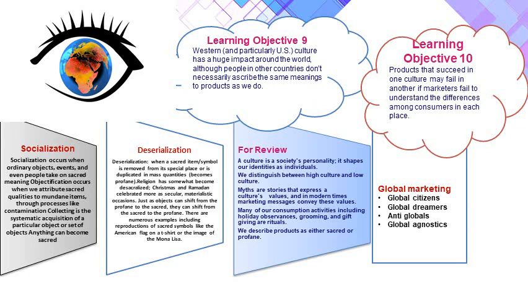Image perspective, national character, consumer style. Hofstede's dimensions of national culture: power distance, individualism, masculinity, uncertainty avoidance, and long-term orientation.